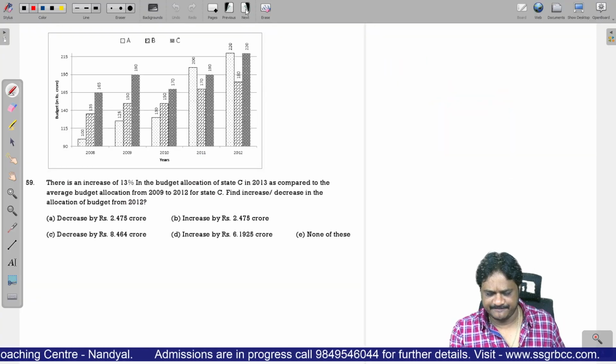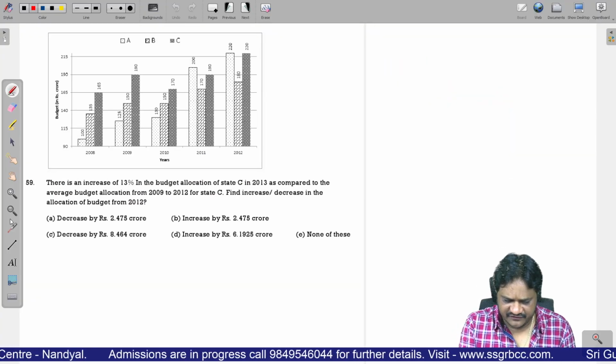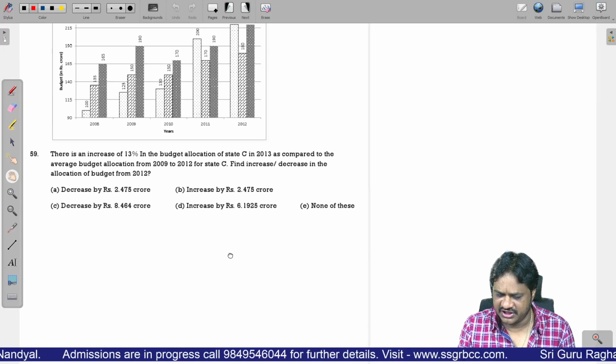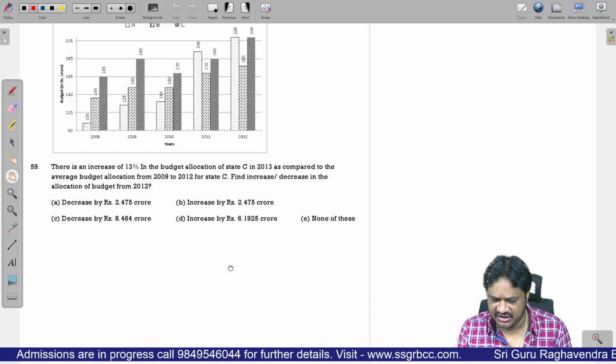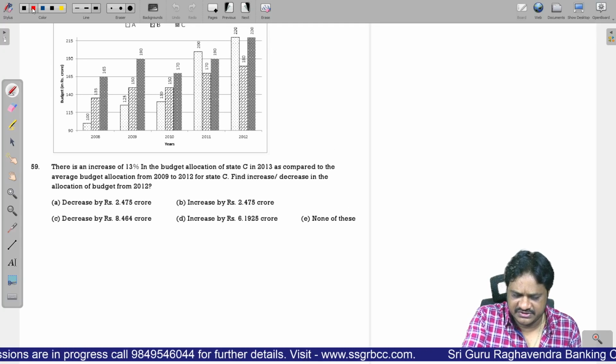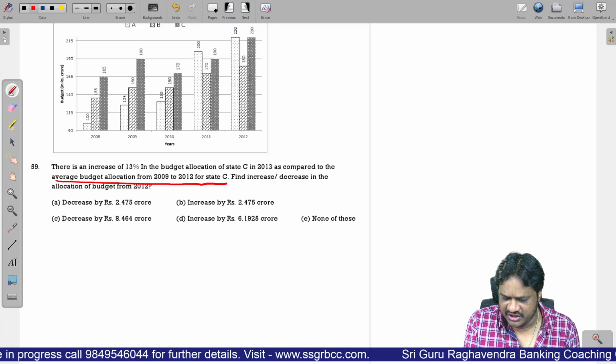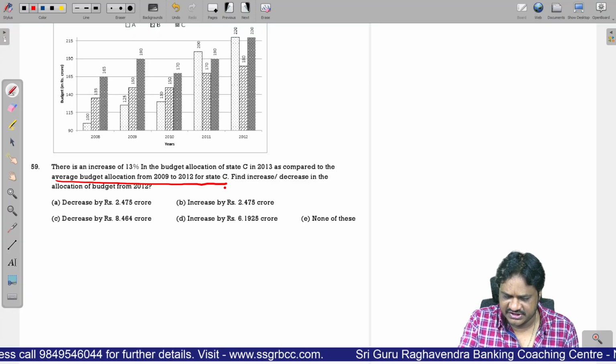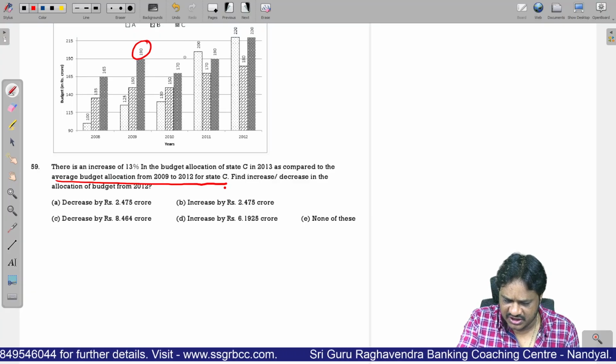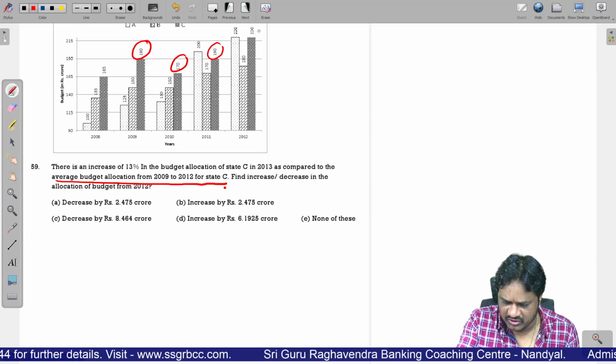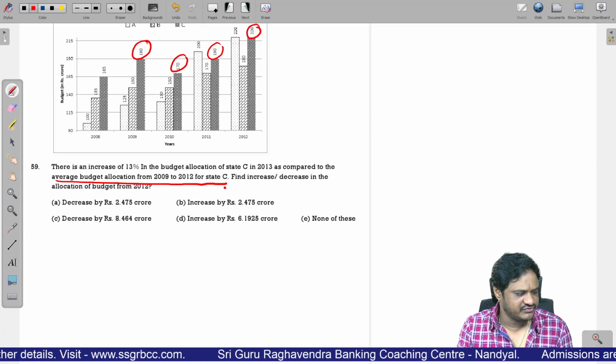Next one. There is an increase of 13% in the budget allocation for C in 2013 when compared to the average budget from 2009 to 2012 for state C. State C, 2009 to 2012. These four values we should add.